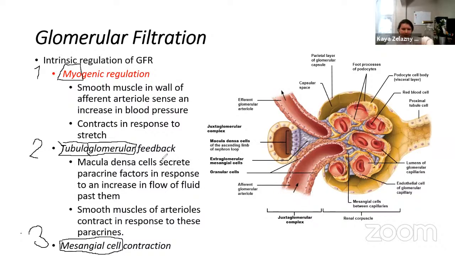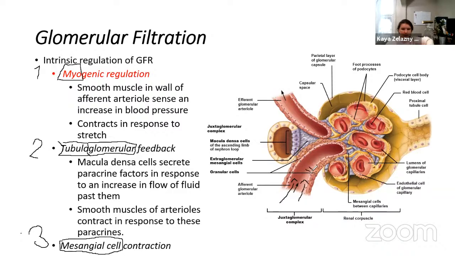Okay, so in order to stretch out that smooth muscle, right, the conditions under which that smooth muscle is going to get stretched, really going to be when we have lots of blood flowing in, right? So stretch is going to be caused literally by blood, right?